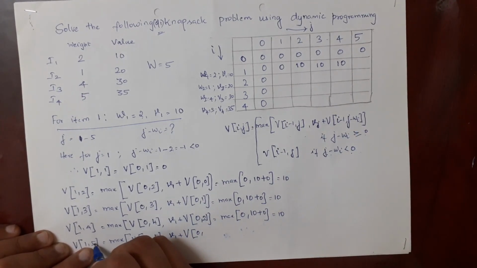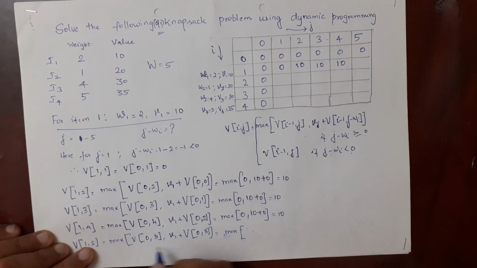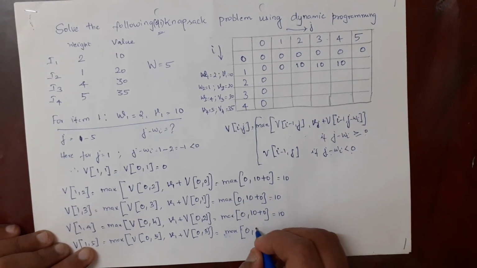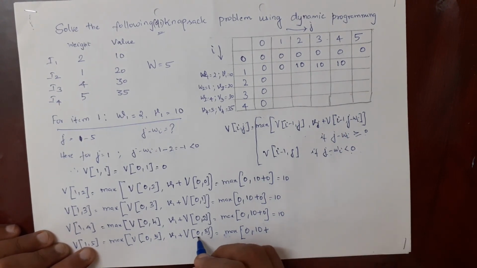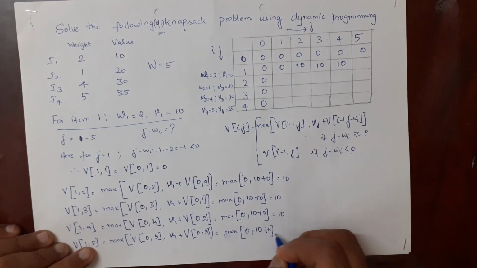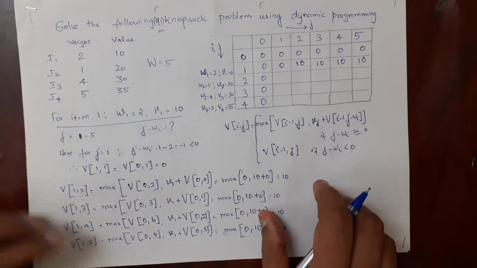J value is 5, 5 minus wi is 2, 3. That is equal to maximum of 0 comma 5, 0 comma 5 is 0, comma value of the item 10 plus 0 comma 3. 0 comma 3 is 0. So it is also 10. So we have to fill 10 here.